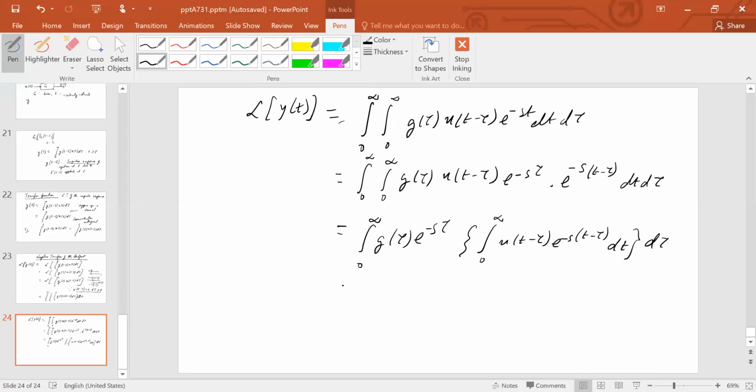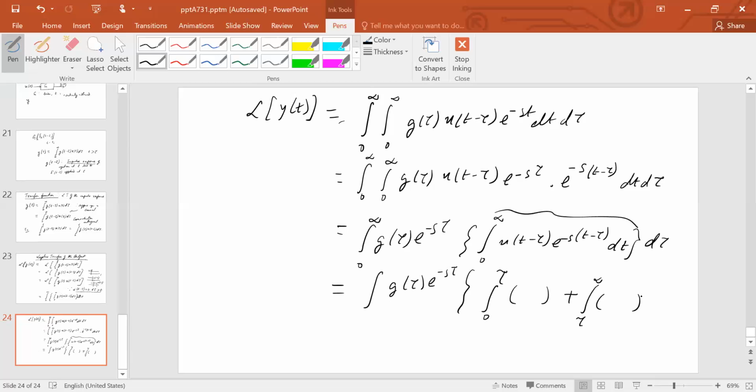Now what we do is we split this part up into two parts. This is g of tau e to the power minus s tau. We split this integral up from 0 to tau plus tau to infinity, and then we have d tau outside.